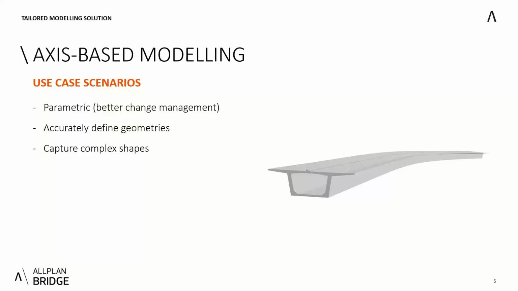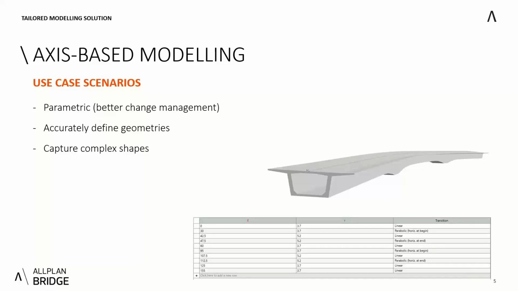Secondly, it's quite useful when you want to define geometries accurately. Here, as you can see, we have the girder, and we want to introduce some variations to the girder deck height. You can easily do this with axis-based modeling.